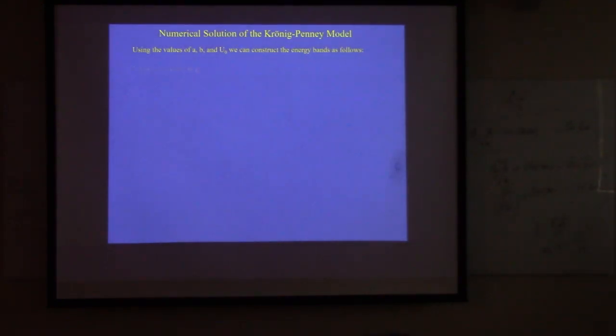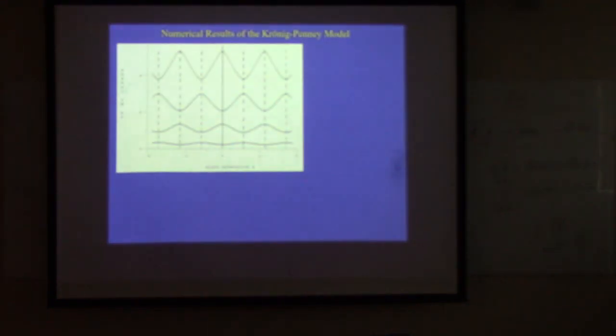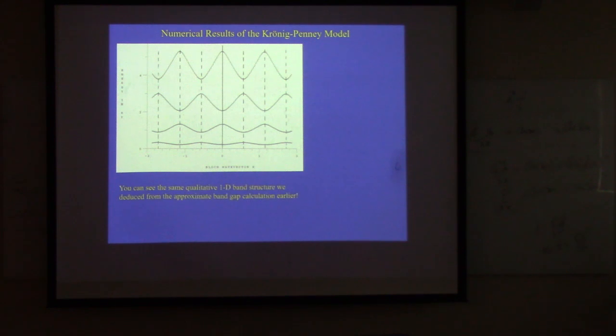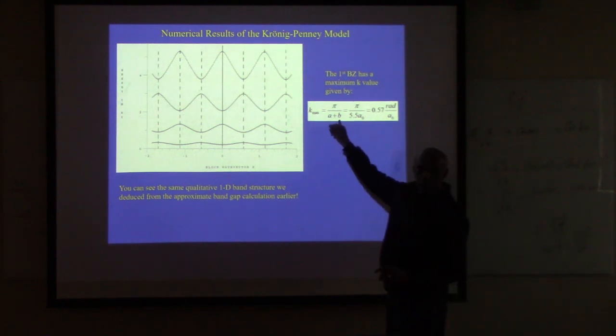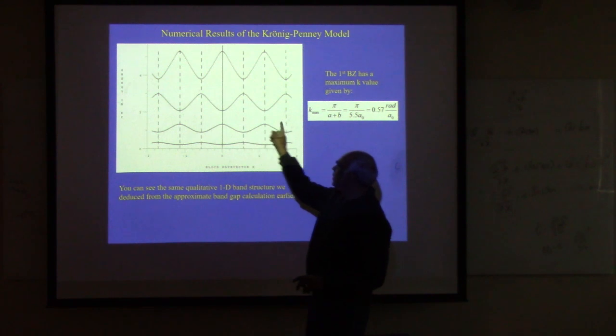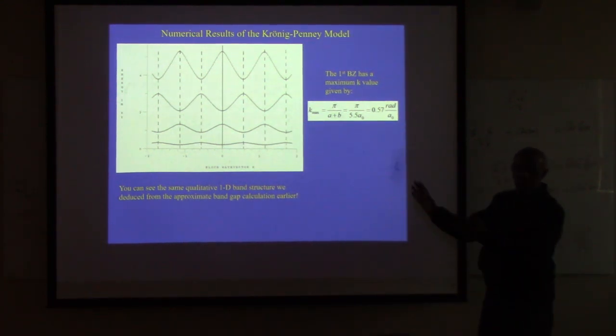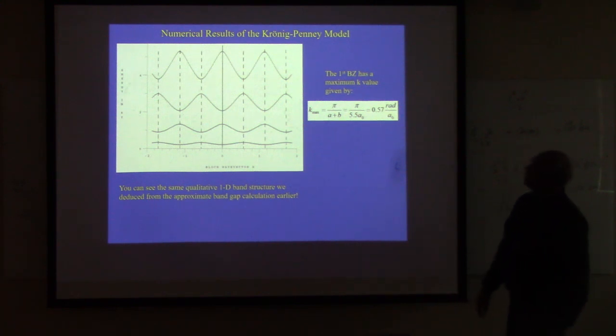Okay, so we can actually calculate this. We can write a simple program to produce this. Here is something I calculated. Because my periodicity is A plus B, please remember. If I put in some numbers, I just recreated this extended zone band structure.